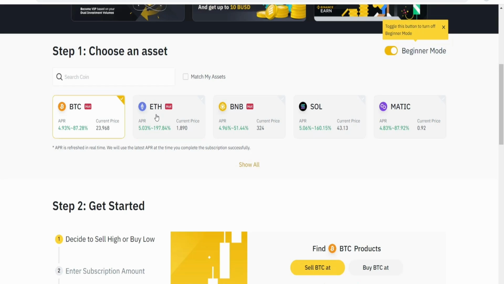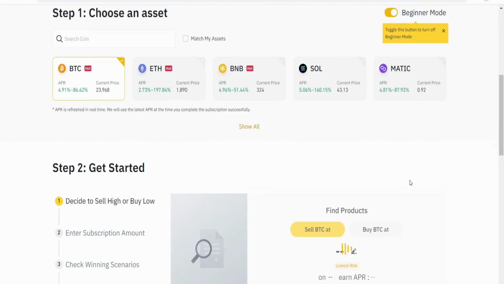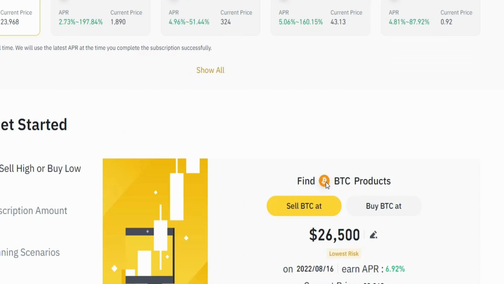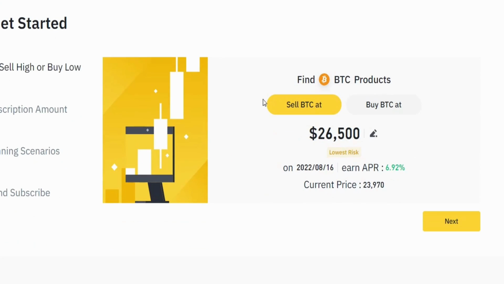Assuming you have Ethereum or BTC, when you come here, find product. Can you see? Find BTC product. I will explain it in a simpler way that you will understand. Assuming you have one BTC or whatever amount of BTC in your possession, what you're telling the market is, no, I am sure that BTC will not reach 26,500.